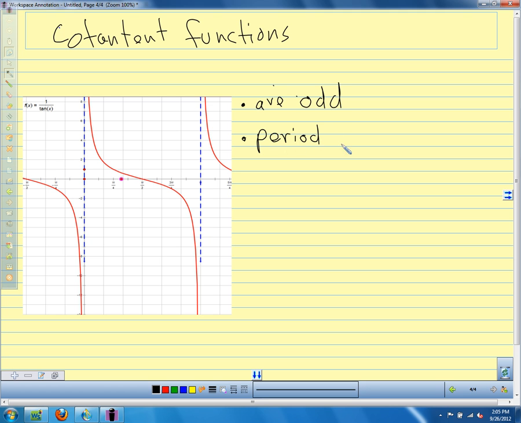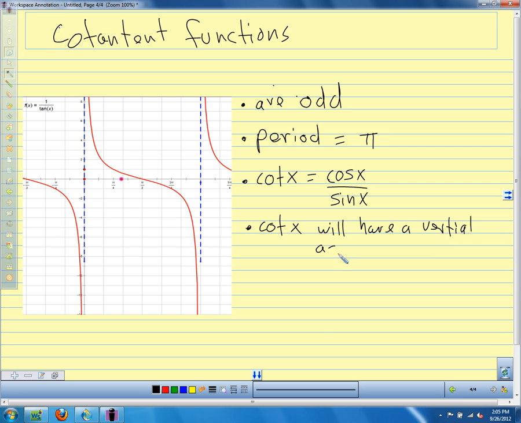Their period is also pi, just like tangent functions. The tangent function is the parent function. The period is pi. And we said that the cotangent of a number is cosine x over sine x. And because this is true, our cotangent function will have an asymptote where the sine of our value is 0.